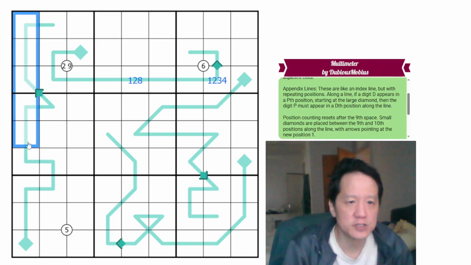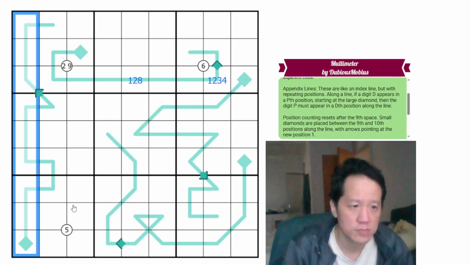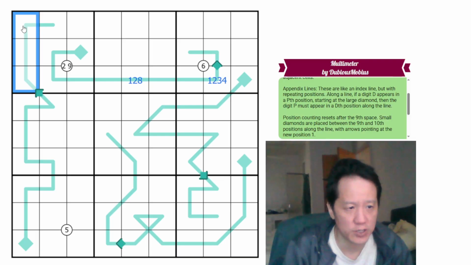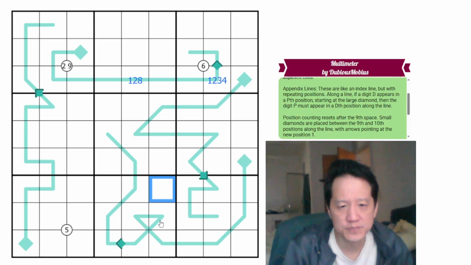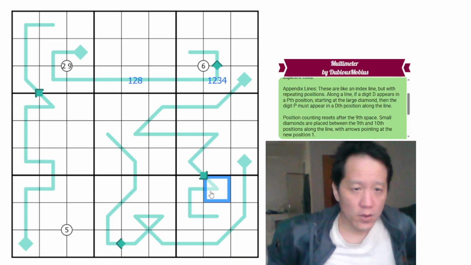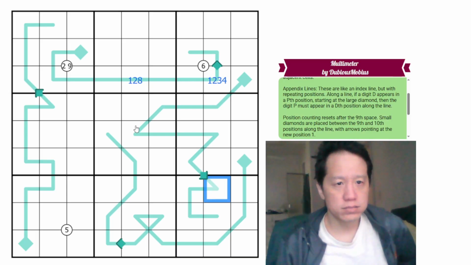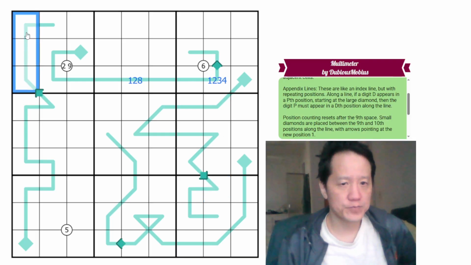We have the digits 1 through 9 in all of these. What are the positions? The positions here are 1, 2, and 3. 9 cannot be here, and cannot be here.